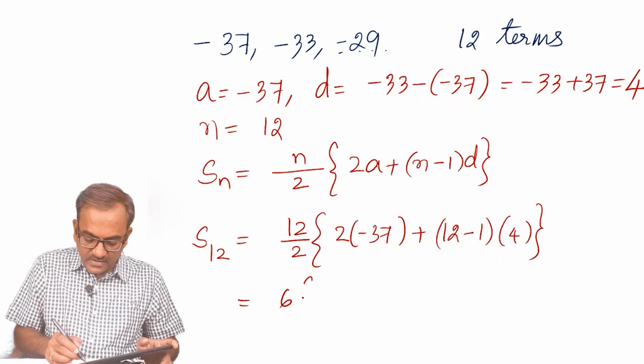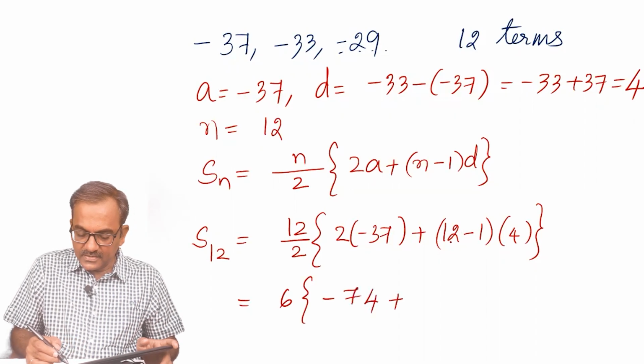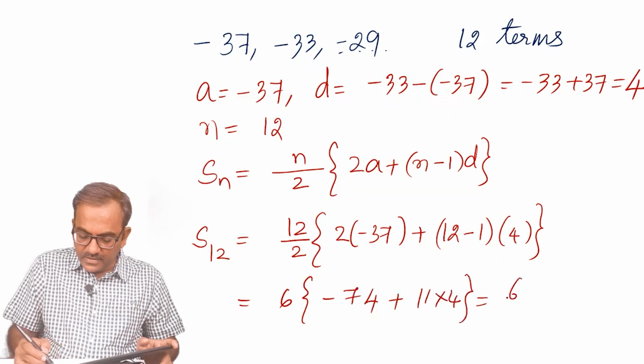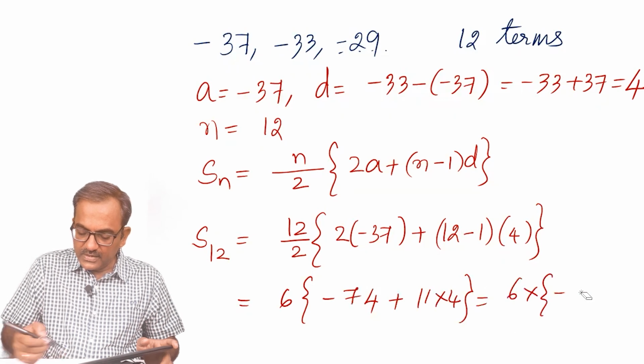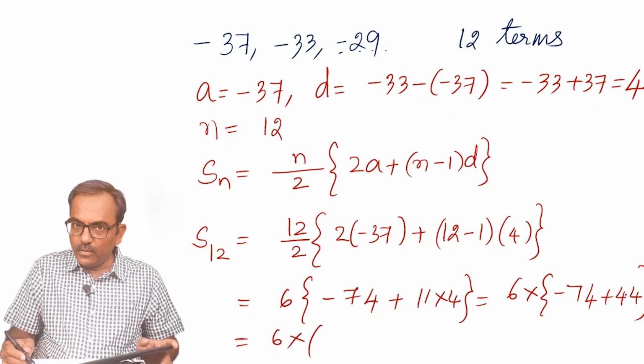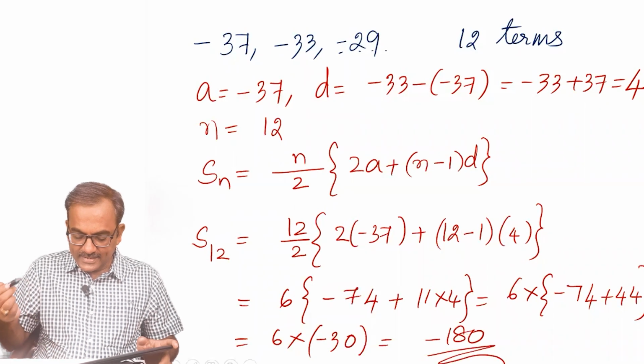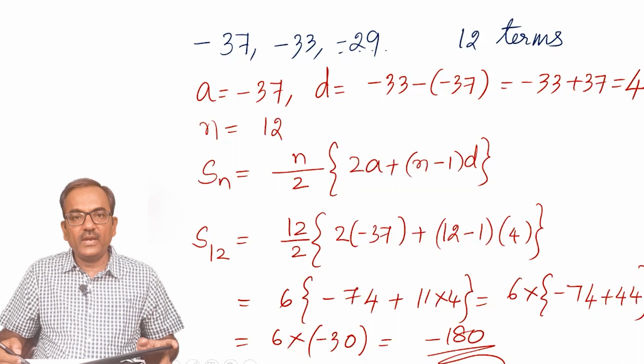So this is 6 times minus 74 plus 11 into 4. This is 6 into minus 74 plus 44, it is 6 into minus 30, so it is minus 180.